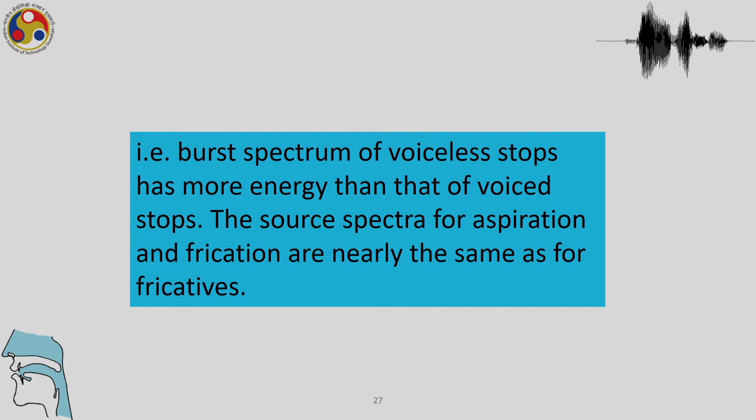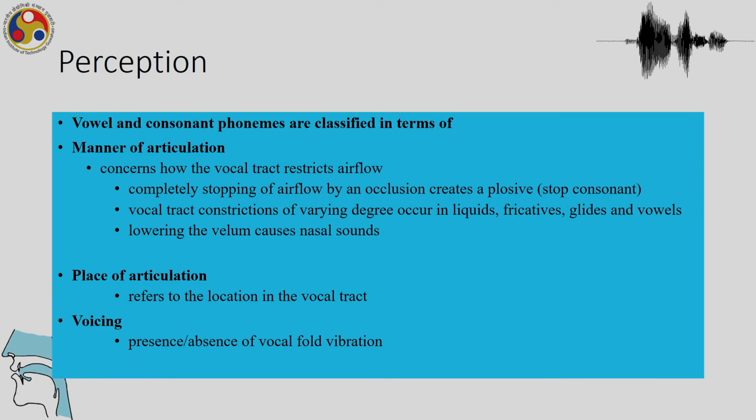Now, when it comes to perception, all these things that we had studied as a result of the source filter theory of consonant production contribute to the perception of speech.